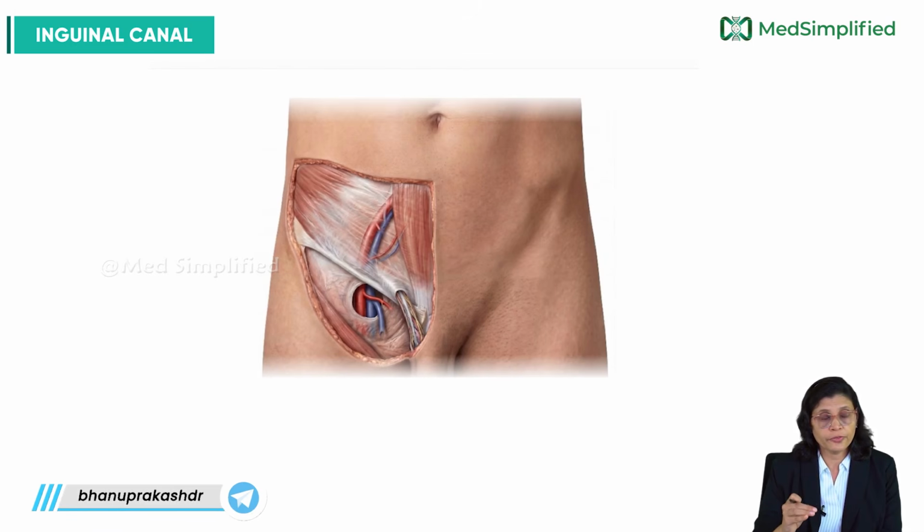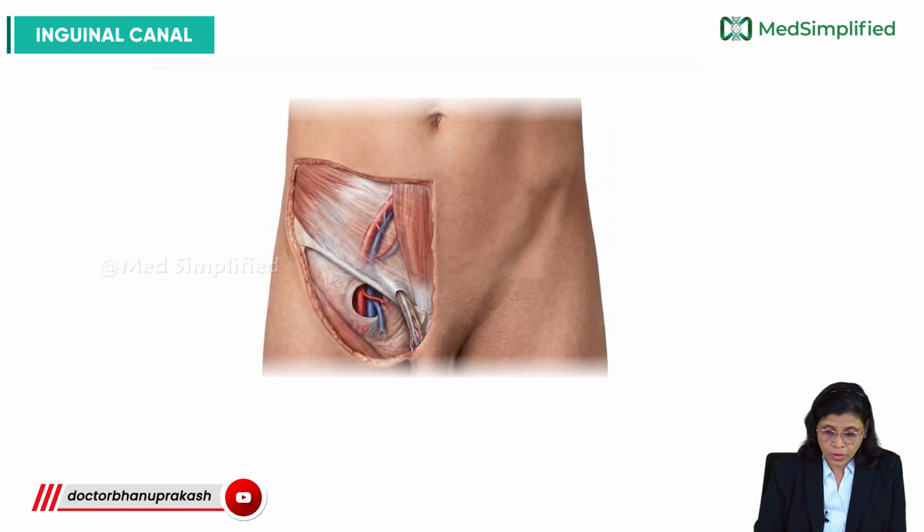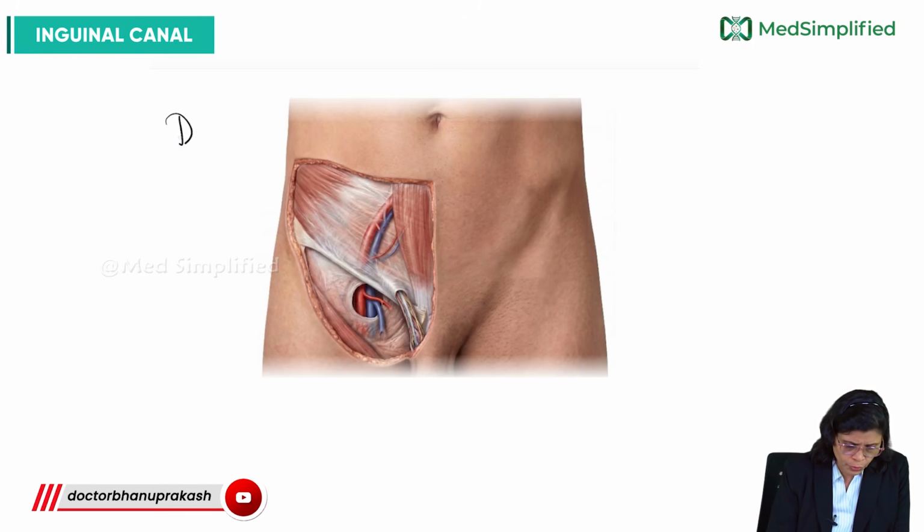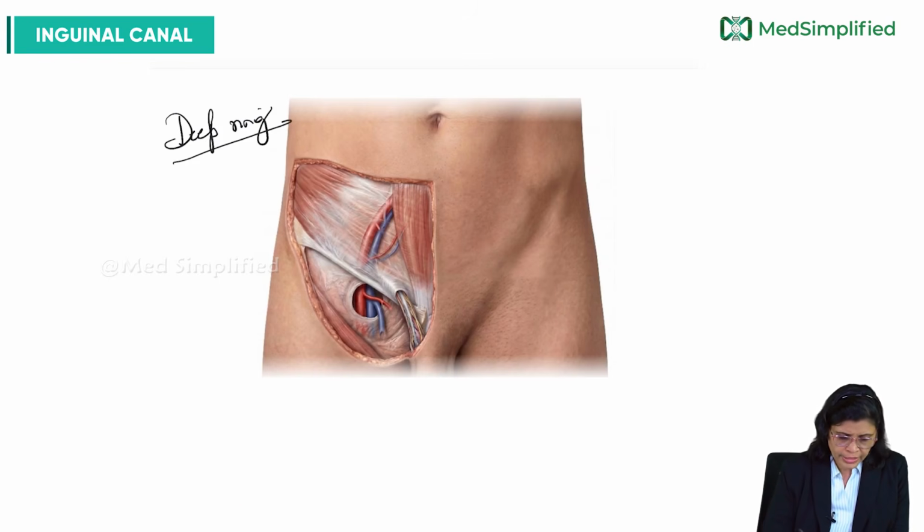If the herniated sac, or the herniated viscera, whatever is coming through the inguinal canal, enters the canal through the deep inguinal ring, then we call it indirect. It has to come through the deep ring itself.